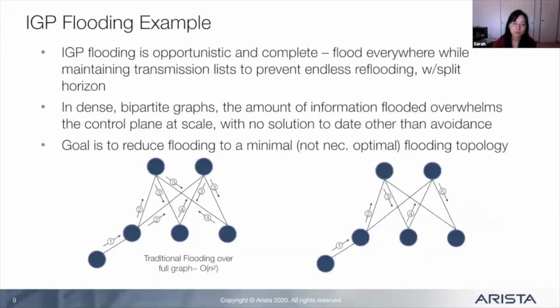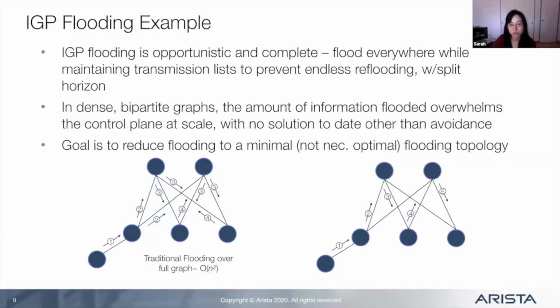IGP flooding is optimistic and complete. If a node receives an update from one neighbor, then it will flood this update to all its other neighbors. So in a dense topology, the amount of information flooded may overwhelm the control plane at scale.